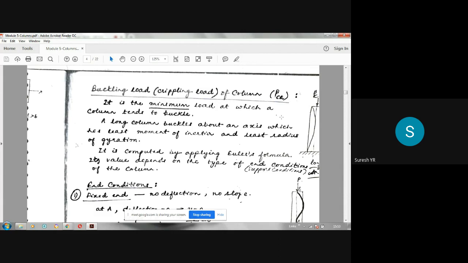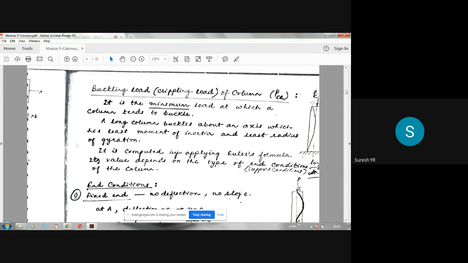That means when you go on increasing the load PCR acting on the column, at some value of the load, it tends to bend like this. That load at which it starts buckling is called the crippling load. In the case of columns, we call it buckling or crippling.